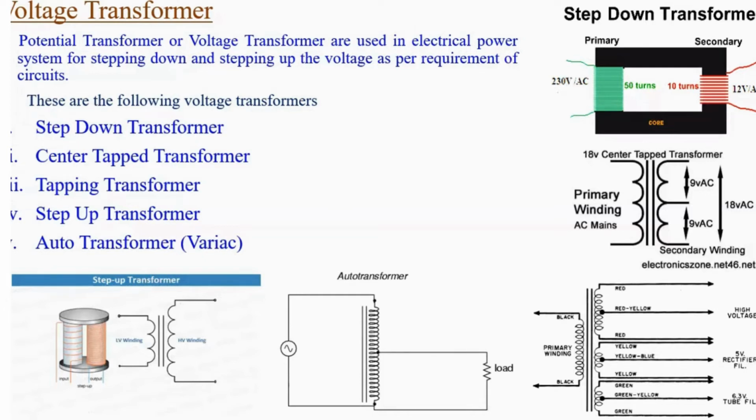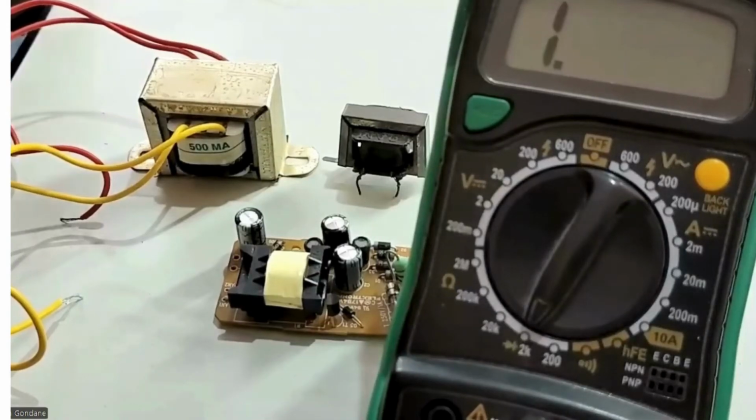But in practical application in the industry, we will use step-up transformers, step-down transformers, center tap transformers, and multi-tapping transformers only. Step-up transformer only in the electrical industry; electronics and other industries use step-down transformers, center tap transformers, and multi-tap transformers.